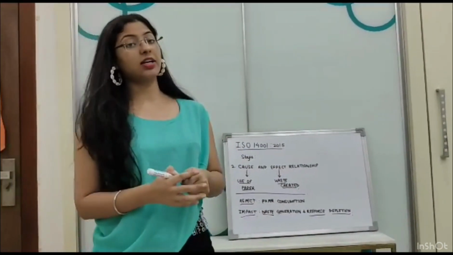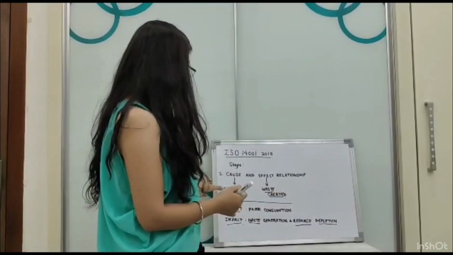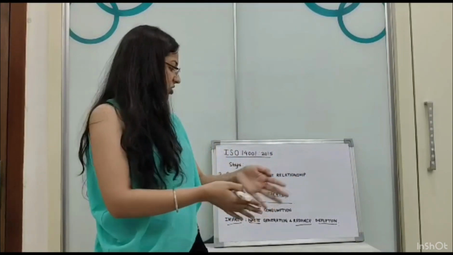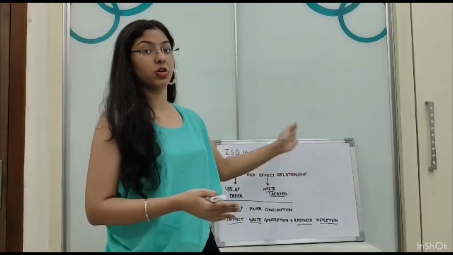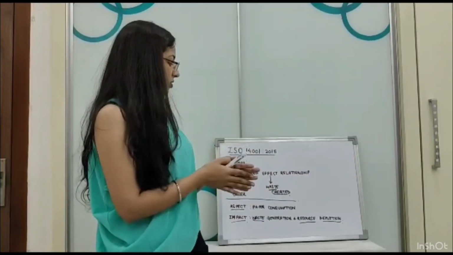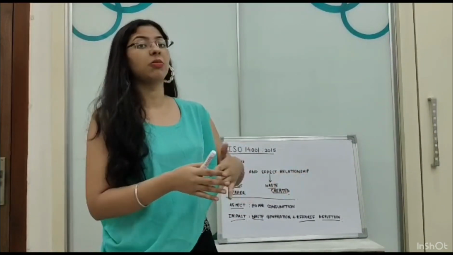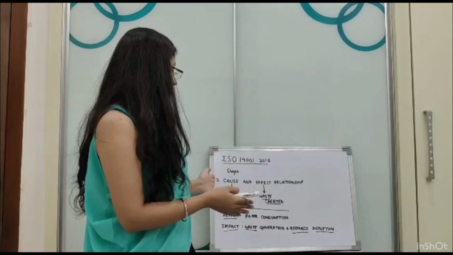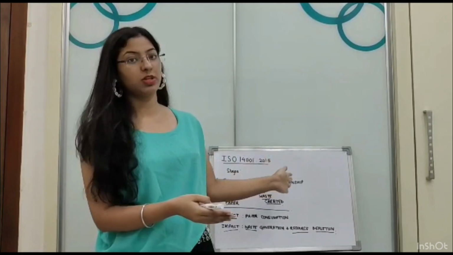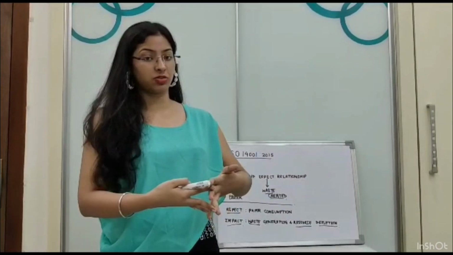By the use of paper, a large amount of trees are cut down every year. So this is the resource that is depleted because of the use of paper. And if we see another example, some other resource might get depleted because of this. So this is the cause and effect relationship that is to be established first of all.